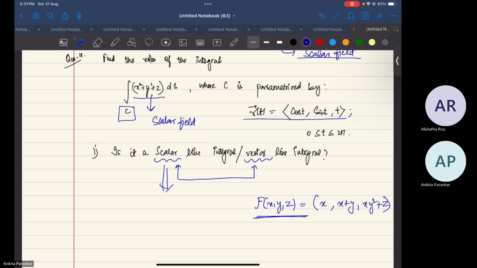So such an integral, when we have this f defined in terms of a vector, not a scalar, is a vector line integral, and this is an example of a scalar line integral. Is that okay? Knowing that it's a scalar line integral and that you just have to find the area, can you now compute the integral over the curve?